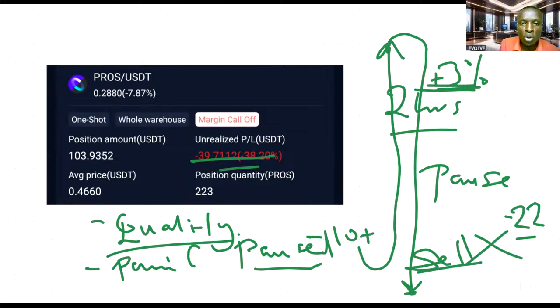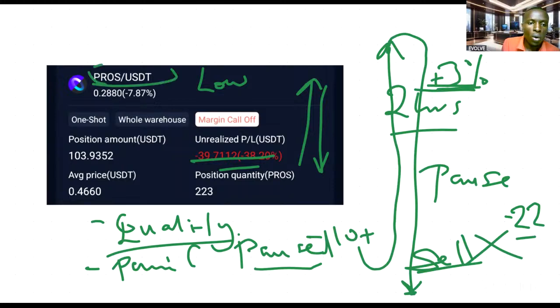I told you low quality coins, they pump and they dump. They go up fast, they go down fast. So it went down fast, and it went up fast, and it went down fast. This process here. Are you getting what I'm teaching you?